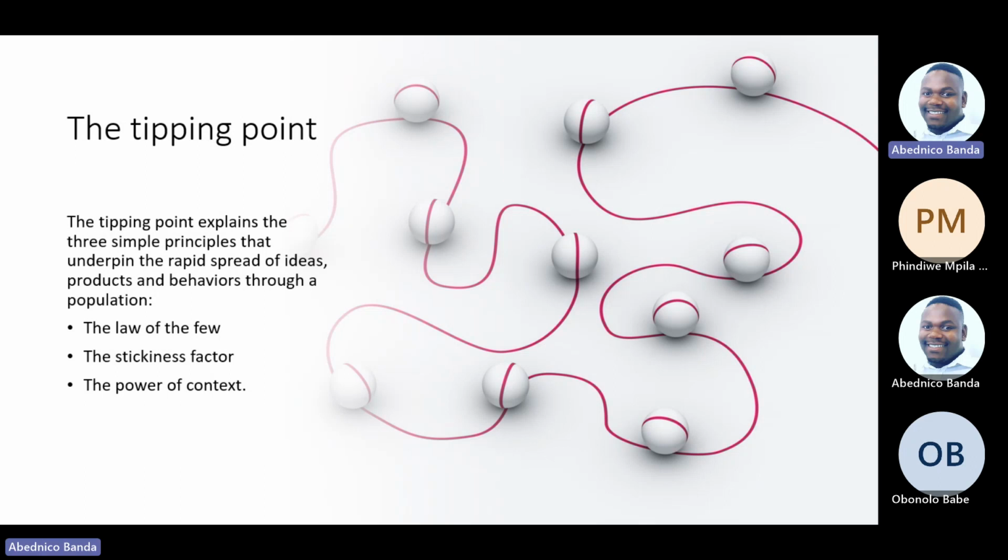I think this happens mostly to ladies when it comes to attire. You want to buy a specific attire so that when you go to church, no one else is wearing it. Or when you go to a wedding, you stand out with that attire. So this is the law of a few. The law of a few can determine the product. Something that makes sense to you guys?